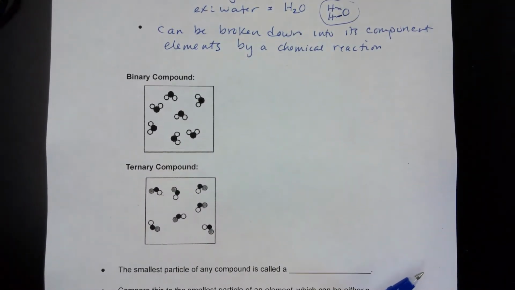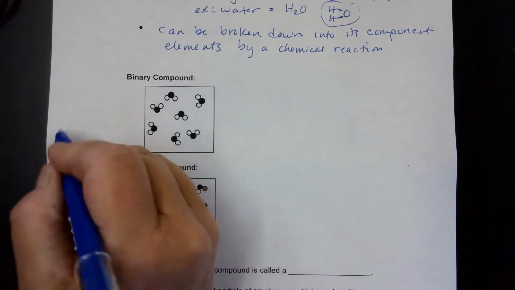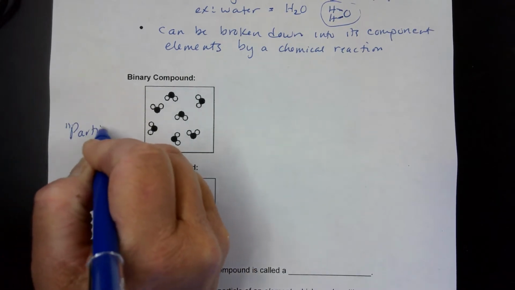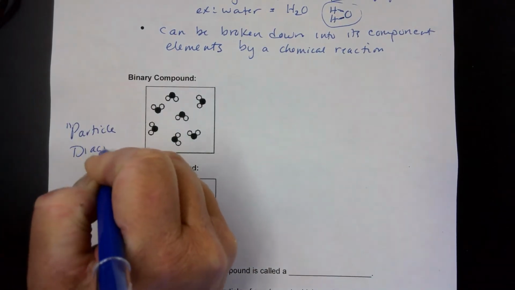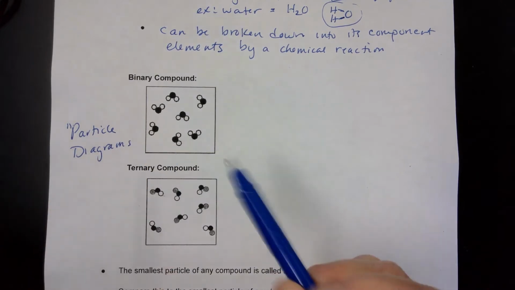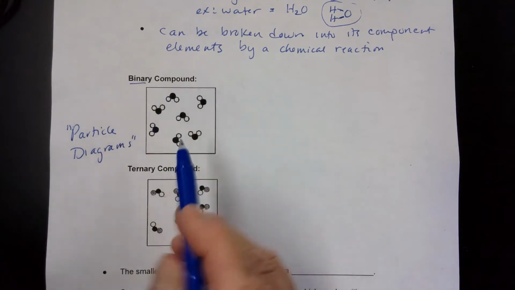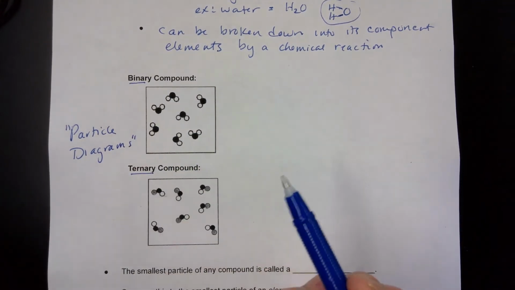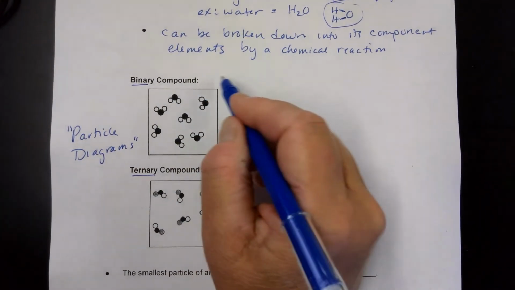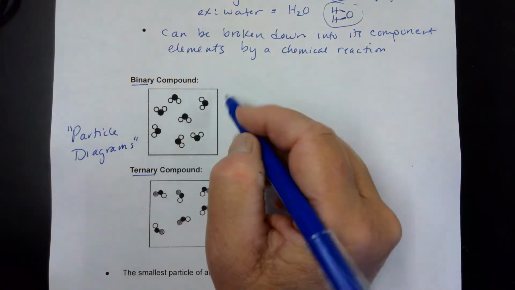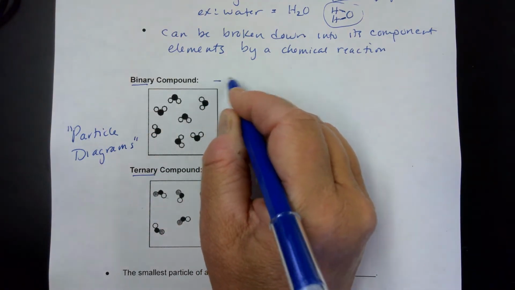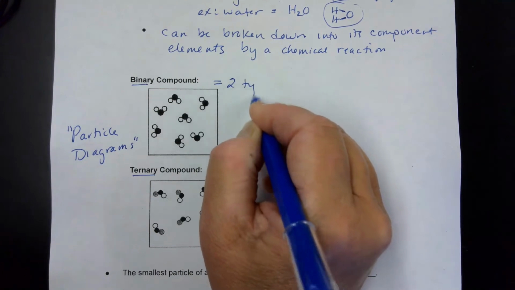Now what we are looking at here are what we call particle diagrams, right? Because what we are looking at are the particles that represent what's called a binary compound and a ternary compound. So in this binary compound, binary means two, in this particular compound there are two types of atoms.